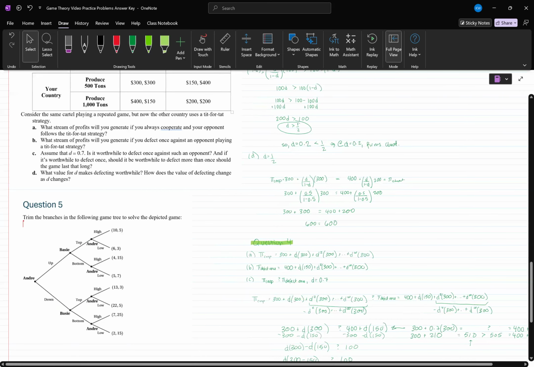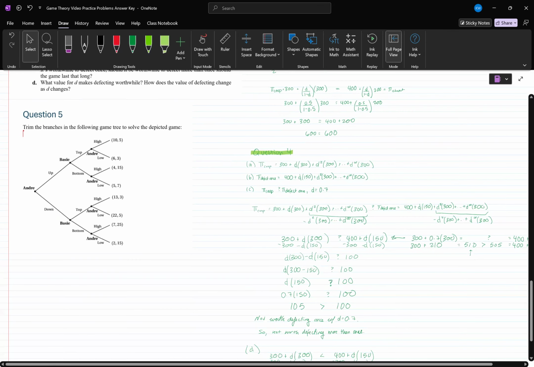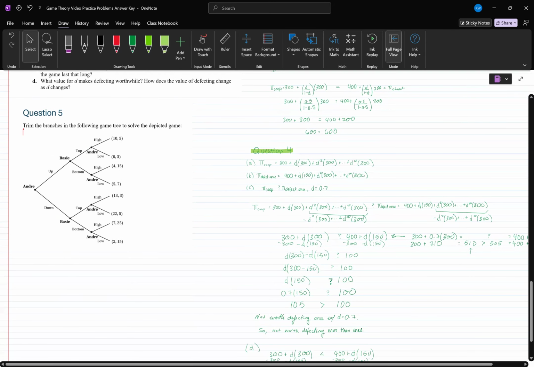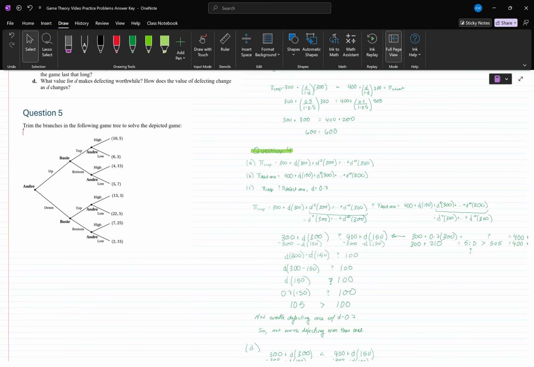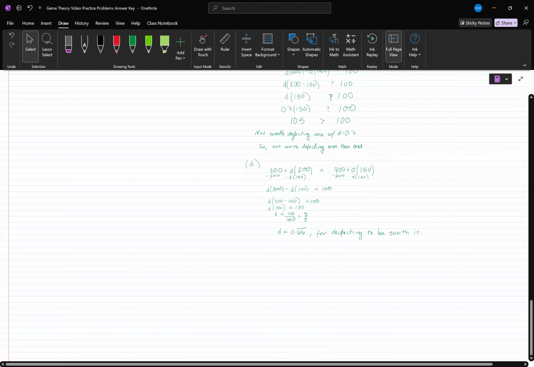And then the next part of that question, how does the value of defecting change as the discount rate changes? Essentially, as the discount rate falls, the value of $1 in the future becomes less. And so the value of defecting is going to, I would think, grow as that discount rate falls.